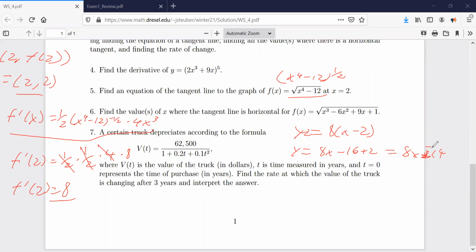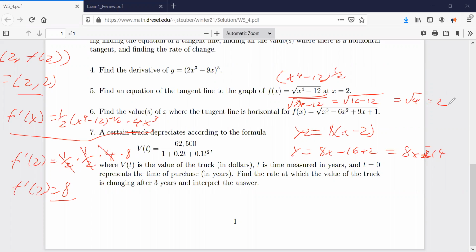I have a quick question. Sure. So I understand that it says x equals 2, and that's why you got that one, but where'd you get the other 2, like in the point where it says 2 comma 2? If you plug in f of 2, then you get the square root of 2 to the fourth minus 12, which is the square root of 16 minus 12, which is the square root of 4, which is 2.